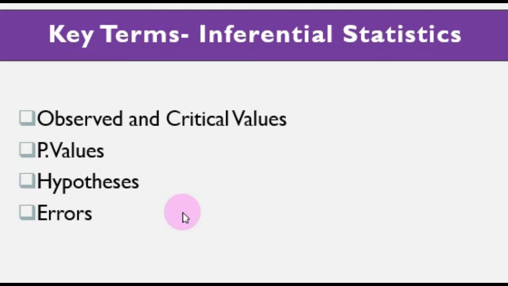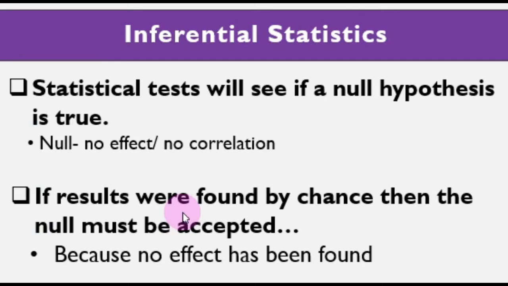Okay? What is the purpose of p-values, hypotheses, and errors? Okay? Inferential statistics. Statistical test will see if the null hypothesis is true. Okay? Tulad nga ng sinasabi, dito natin malalaman if may effect ba ang pinasok nating variable, if it's correlation, may correlation ba sila? Okay? Dito na pasok yung null hypothesis at saka yung alternative.